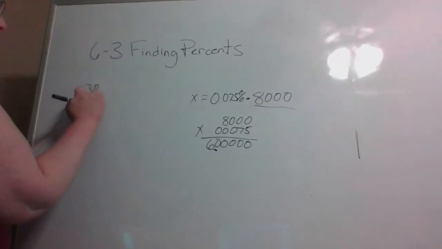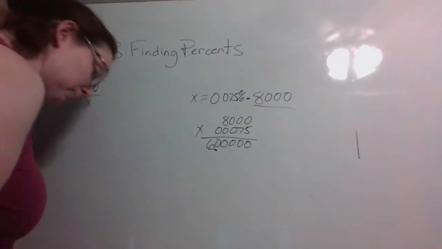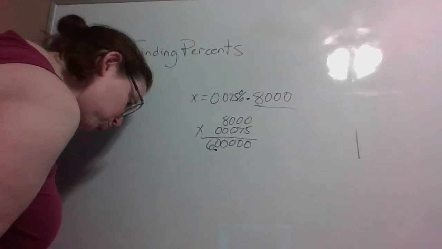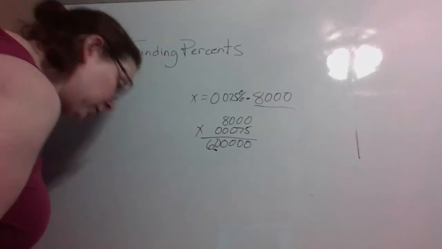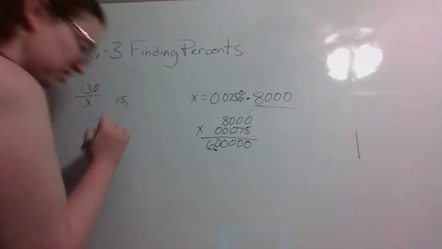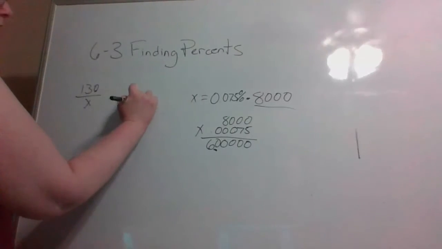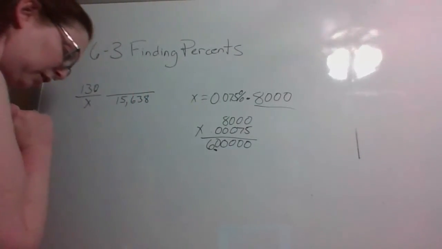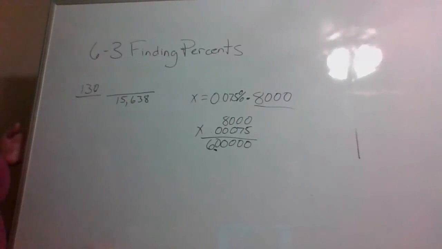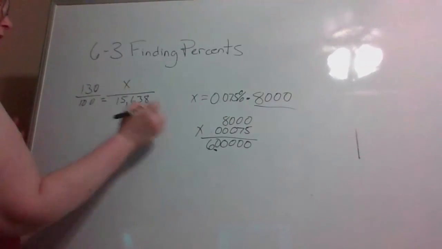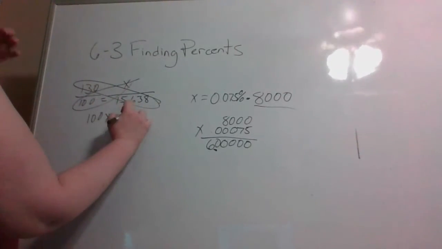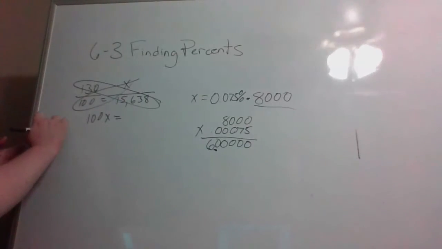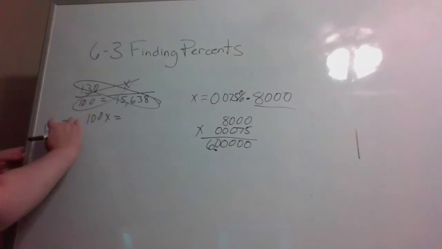So we know it's 130%, and then Mount Churchill is the whole, which is 15,638 feet. And this is always 100. There we go. So now we have 100x, multiply this out.